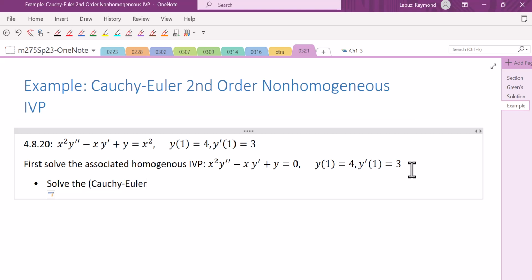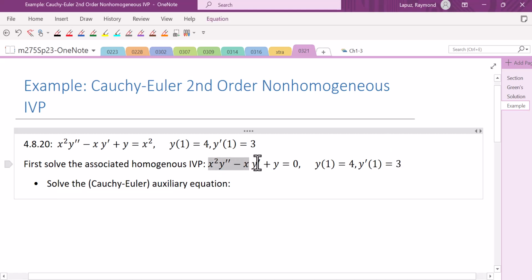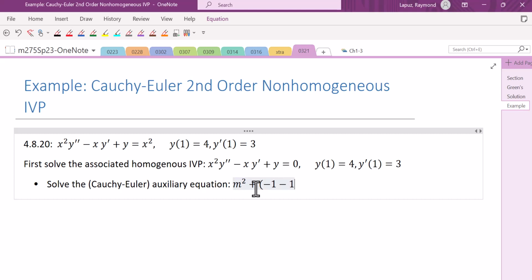So we're going to solve for the Cauchy-Euler auxiliary equation, and that is going to be obtained by looking at the coefficients of these three terms. The a is equal to 1, so we'll start off with an m squared, and then the b is -1, and the middle term will have a b minus a, so it's going to be -1 minus 1, which is -2, and that's going to be times m, and then the c term is just 1.